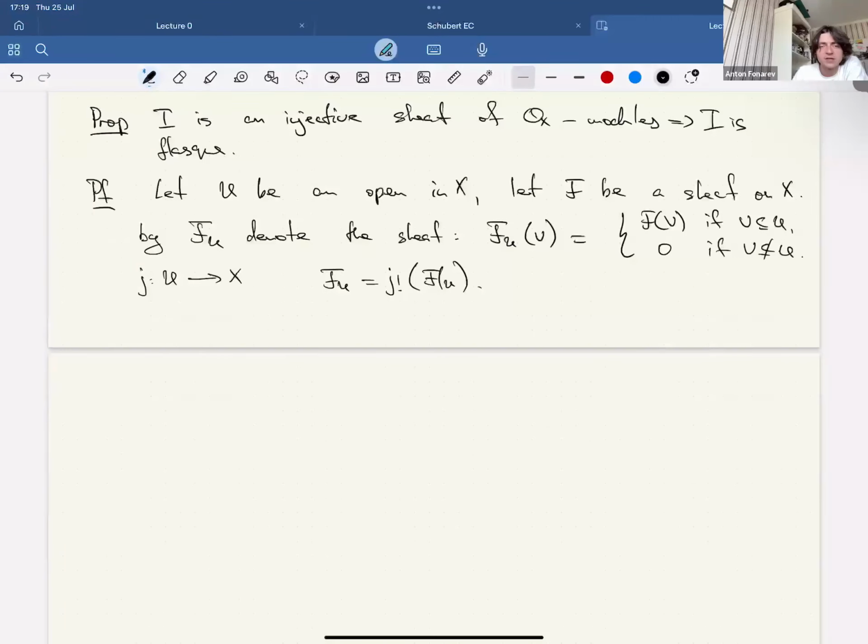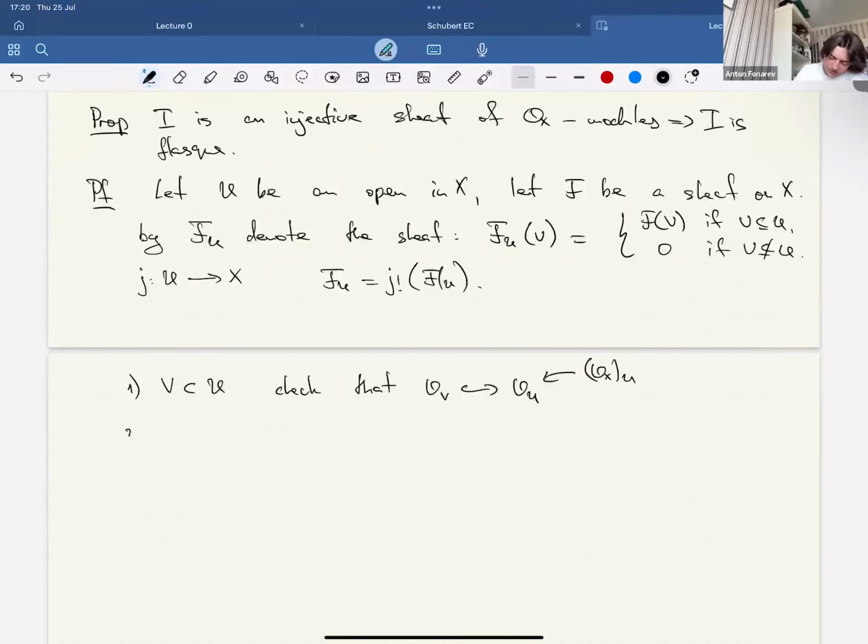Here I give it as an outline, as steps for you as a sort of exercise. So first, let V be in U, check that there is a short exact sequence: O_V goes into O_U, where here I look at it as O_X-modules.